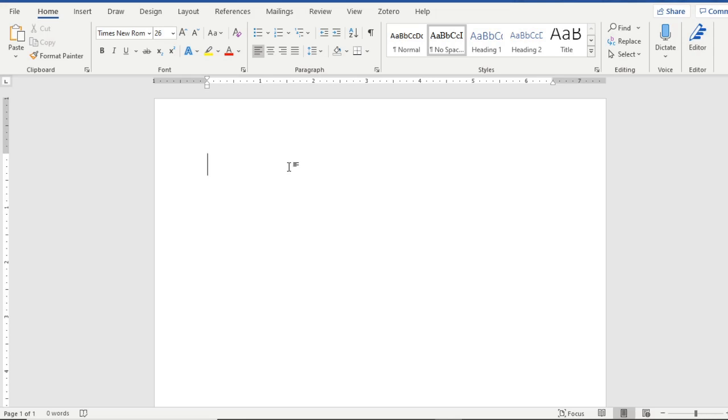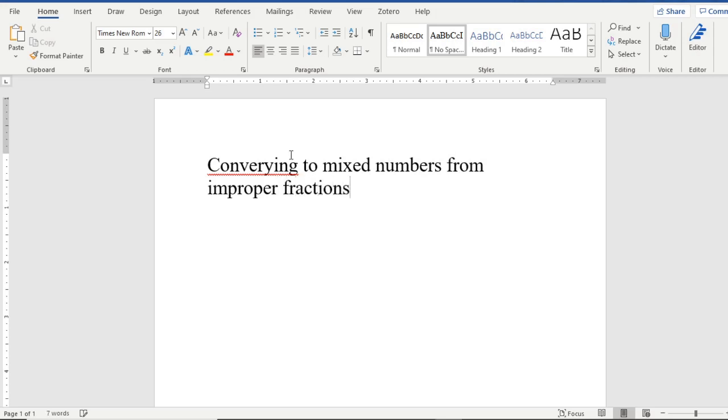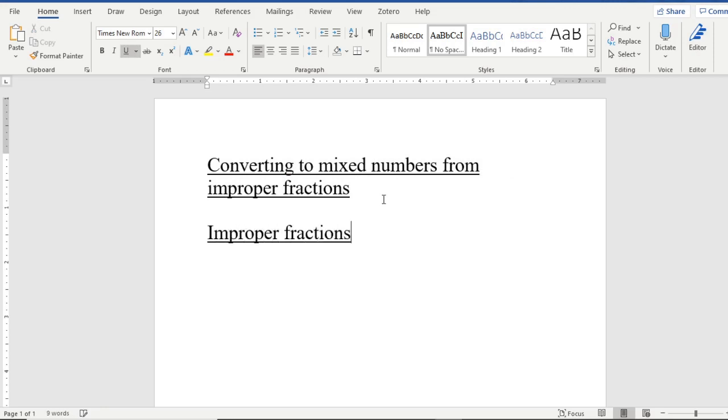Alright, today we're going to work on converting to mixed numbers. Converting to mixed numbers from improper fractions. Okay. Well, first, we're going to figure out what an improper fraction is. So, improper fractions. Okay.